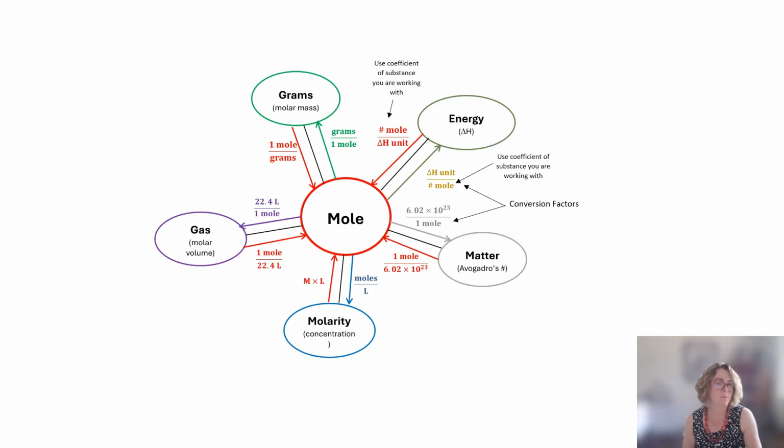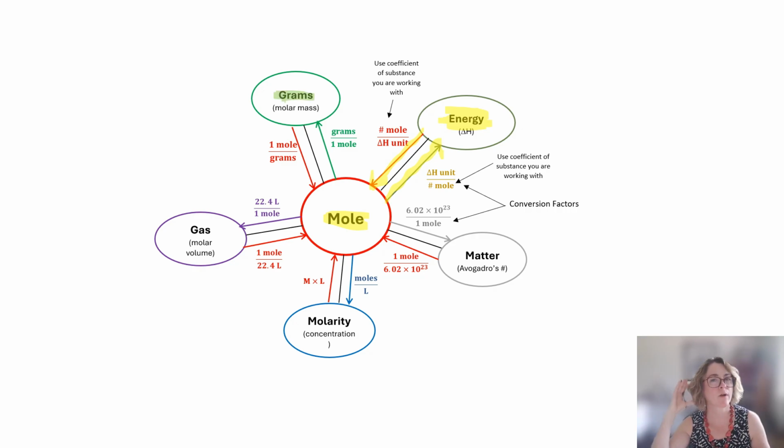Here's our mole map, right? And so we have used this a whole bunch this semester. Now where we're going to focus our attention is right here on energy and how we go from energy to moles, or if we know the moles, how we go from moles to energy. A lot of times in these types of problems, these are probably going to involve mass as well.